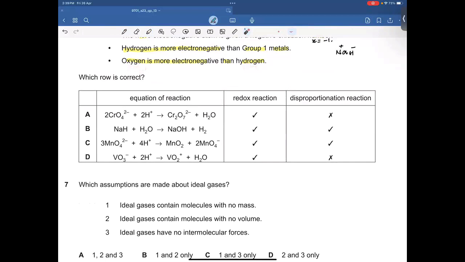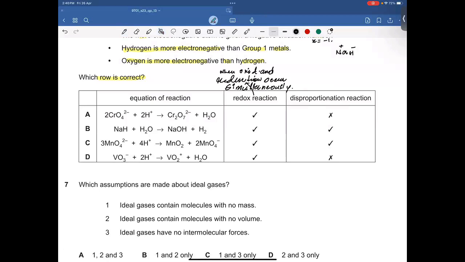All right. Which row is correct? So we need to consider two different reactions, disproportionation and redox. Let me give you the definition of redox here. When oxidation and reduction occur simultaneously. Okay.